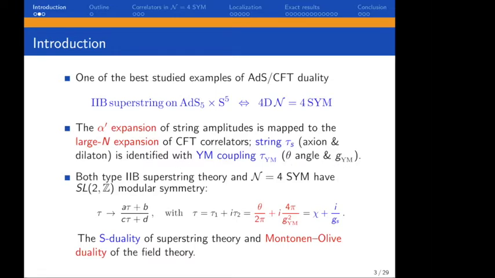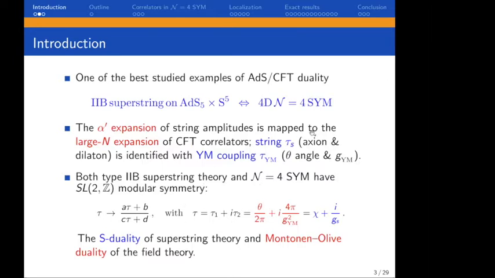It is a known fact that both theories, type IIB string theory and N=4 Super Yang-Mills, have this beautiful SL(2,Z) modular symmetry, which takes the coupling in this form where A, B, C, D are integers and which has determinant 1, namely AD minus BC equals 1.